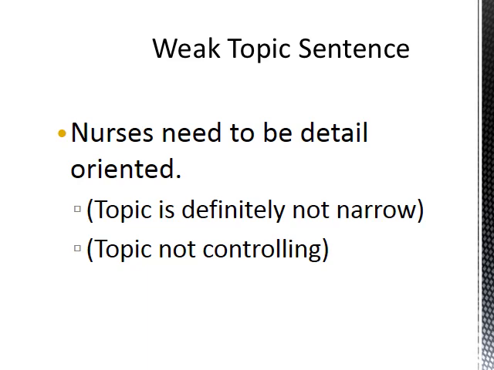So you don't want your topic to be too broad. Detail-oriented is just way too broad. You're going to have to rein that in with what it is that you want to control your topic sentence in order to control your paragraph with.